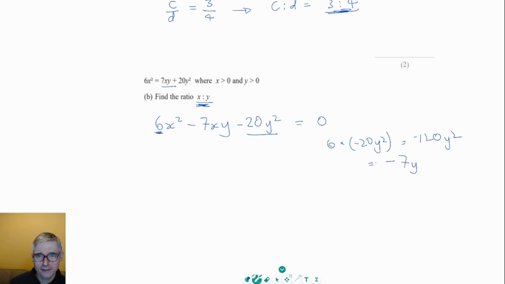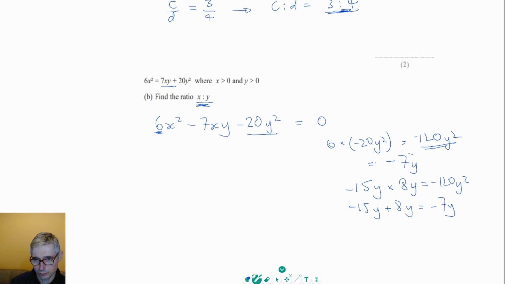And after a bit of trial and error, we can see that minus 15y times 8y would give us minus 120y squared. And if we were to add those together, minus 15y plus 8y would also give us the minus 7y that we required.